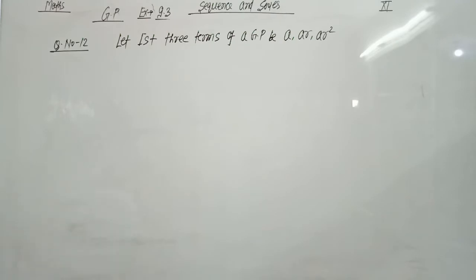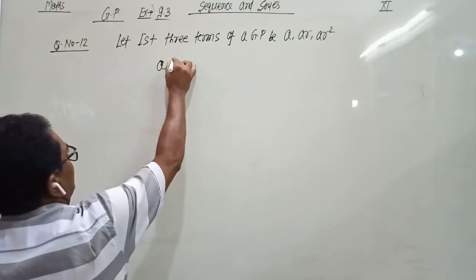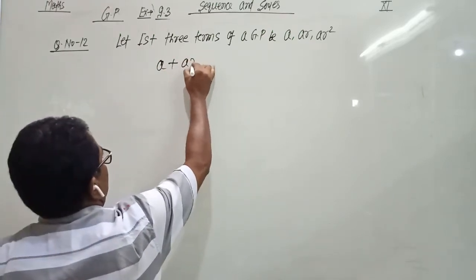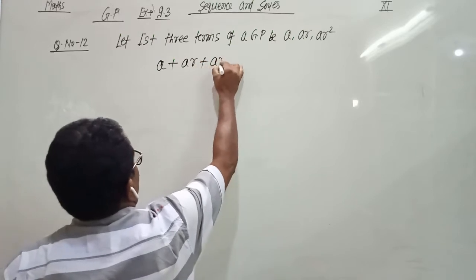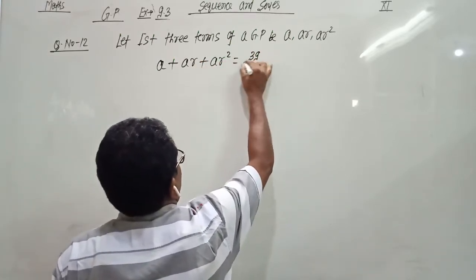So the sum of the first three terms is 39 by 10. According to the question, A plus AR plus AR square equals 39 by 10.